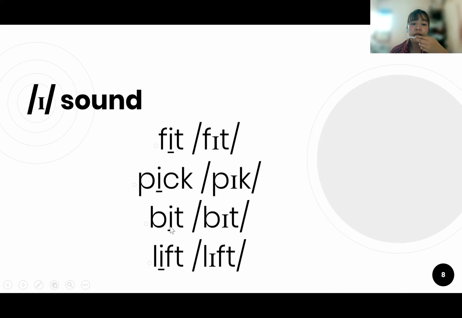The same is true with the following words such as bit and lift. So you have to be careful, or you really have to analyze how a word is pronounced before you transcribe it. First, just like fit, it is a short I, so fit.